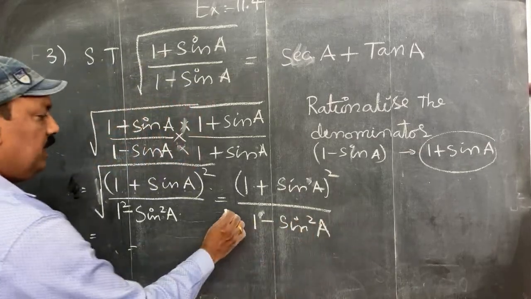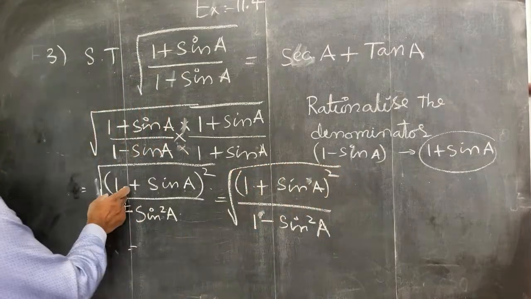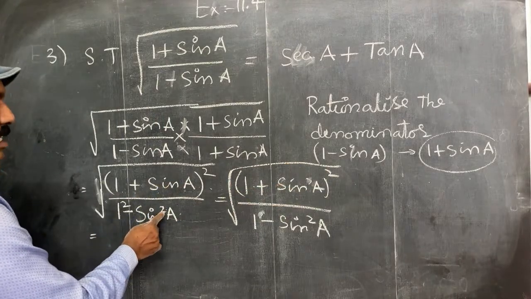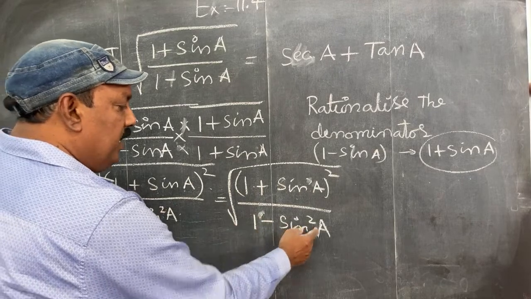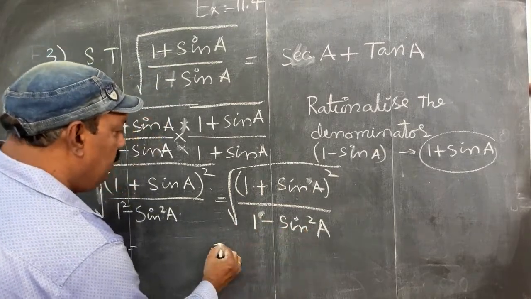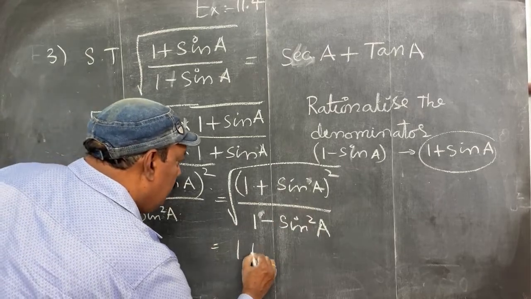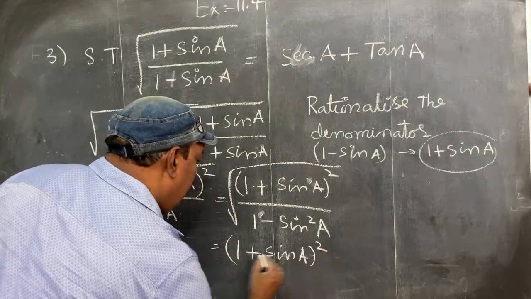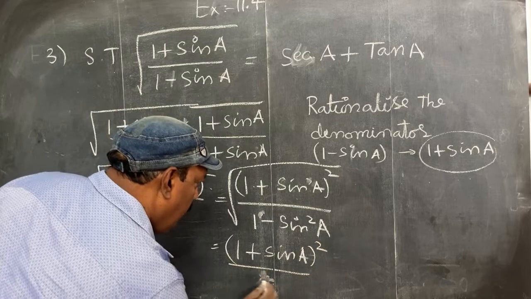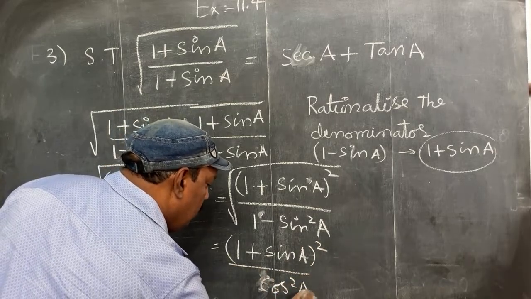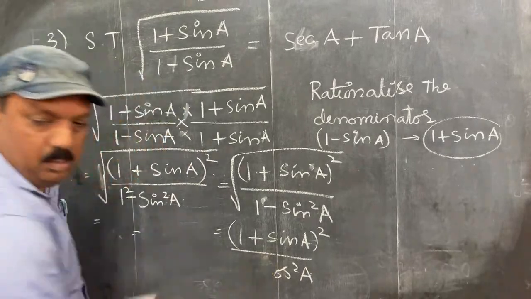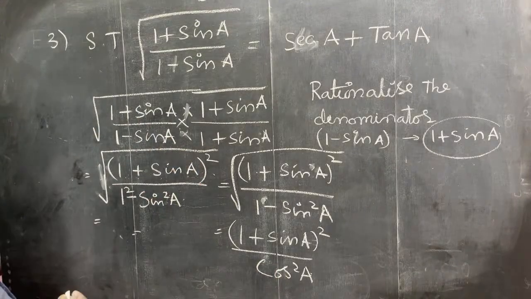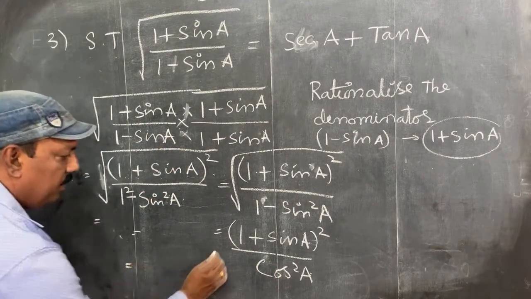Now this is under root as it is. See here, 1 plus sin A is kept as it is, but down, 1 square minus sin square A, I converted as 1 minus sin square A. According to the identity, this is cos square A. So 1 plus sin A whole square over cos square A, under root.